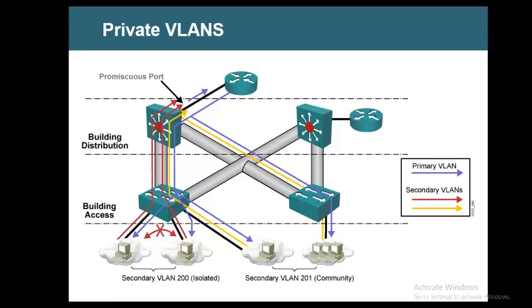One is promiscuous mode. It is written on the page, top right, promiscuous port. The other two are below, secondary: isolated and community. These are the three different modes a port can be assigned in private VLAN.